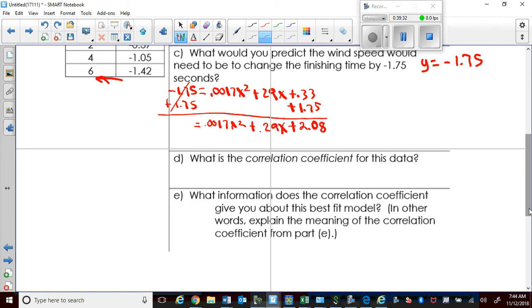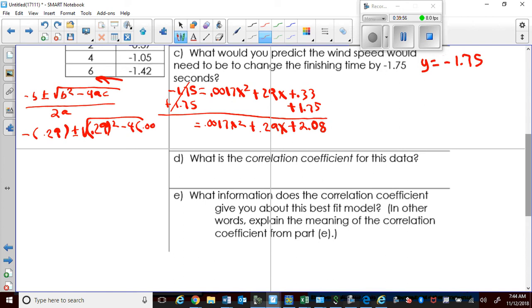So we have negative b plus or minus the square root of b squared minus 4ac, all divided by 2a. So this is negative 0.29 plus or minus the square root of 0.29 squared minus 4 times 0.017 times 2.08, all of this divided by 2 times 0.017.